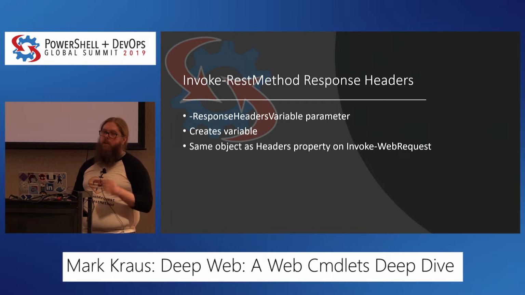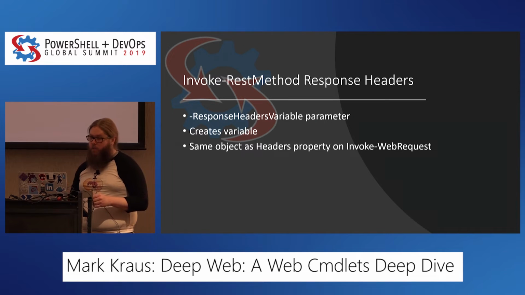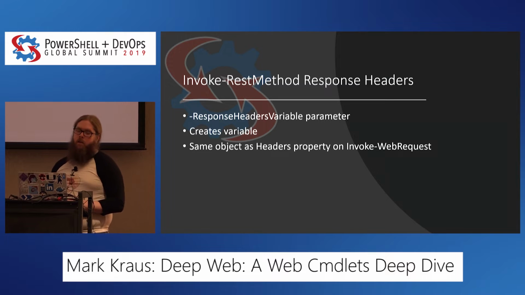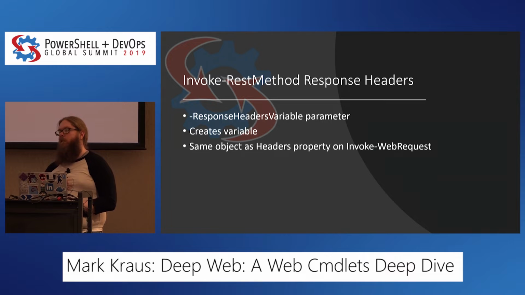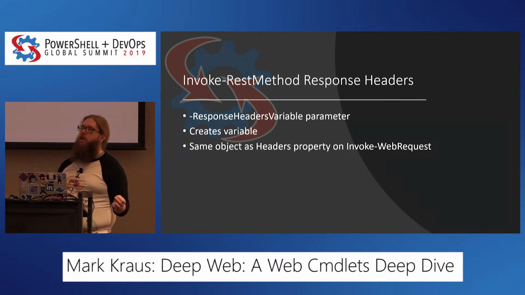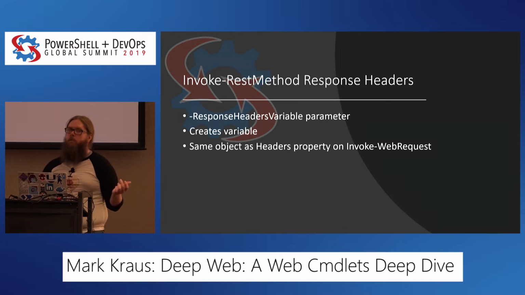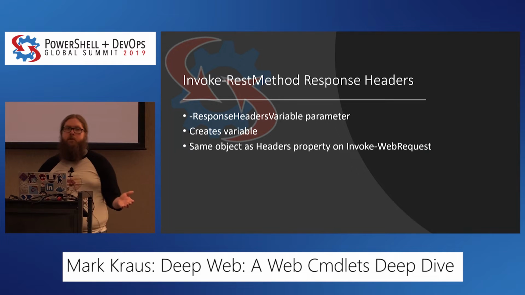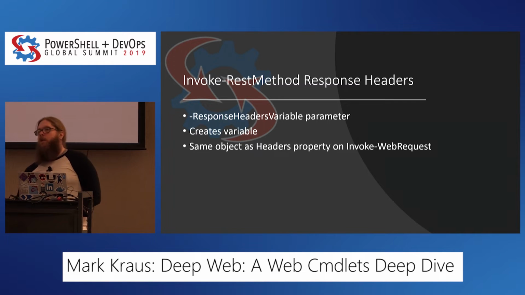Invoke REST method now supports response headers, so that's one thing that we added to this. Basically you pass in a variable name, it sets a variable in your calling scope, and it populates it with the headers that are normally what you would get back with Invoke web request. A lot of APIs definitely require you to inspect headers for things like, is my OAuth token about to expire?